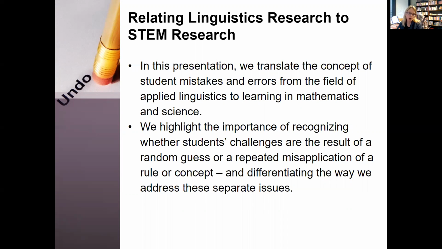What is causing the problem? It is important to differentiate the problems that students have in order to understand the way we should address these separate issues. And we're arguing that it is helpful to look at those differences, and in this way, STEM educators can learn from language educators.